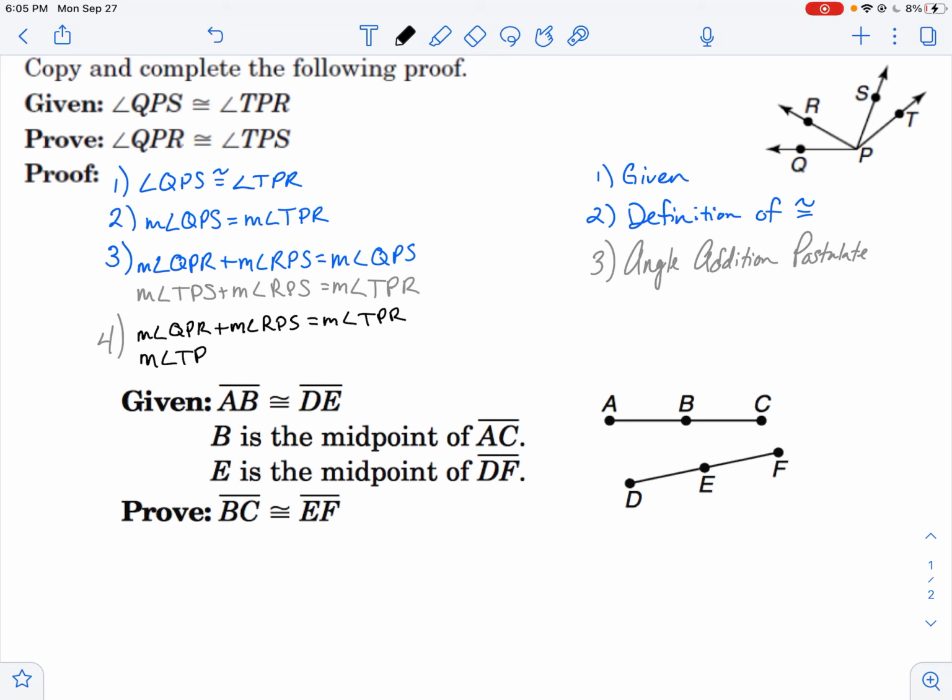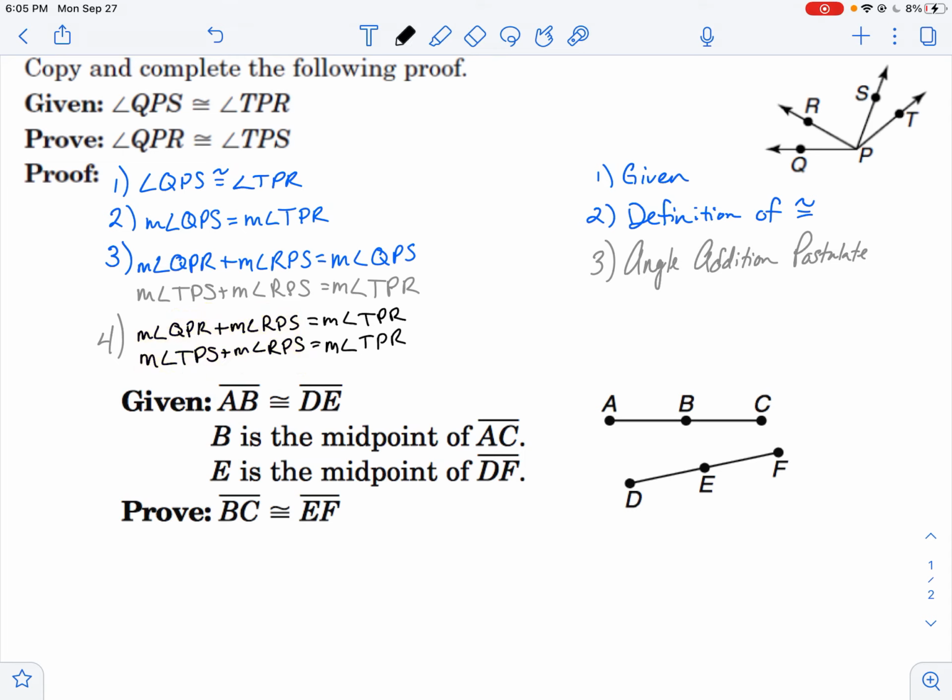So TPS plus the measure of angle RPS equals a measure of angle TPR. And now you can see that these two are the same. So these two expressions must be the same. So then I have QPR plus RPS equals TPS plus RPS.